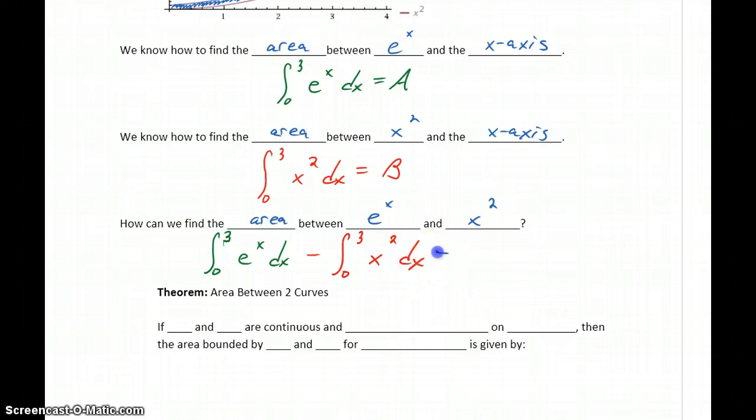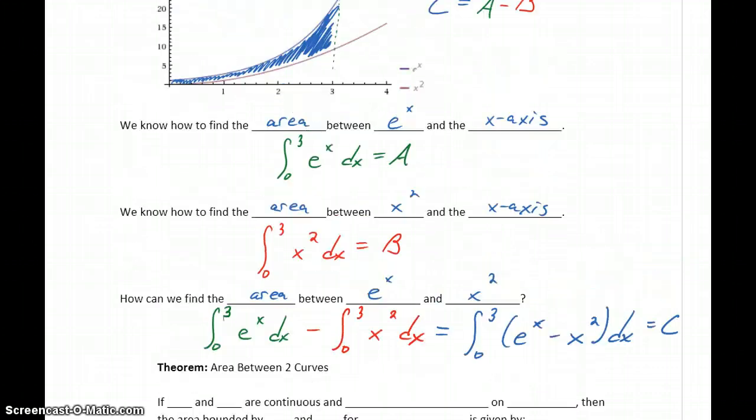Or using properties of integrals, we could just rewrite this into a single integral expression and say that this is going to be the integral from 0 to 3 of e to the x minus x squared dx. And whatever result that is would be that area C that we're interested in.